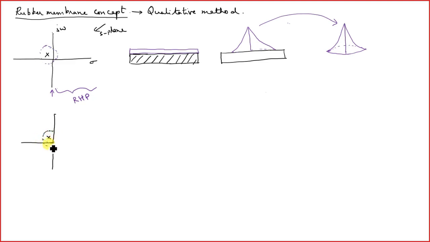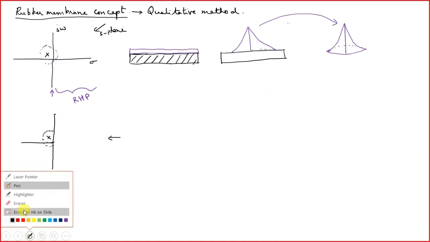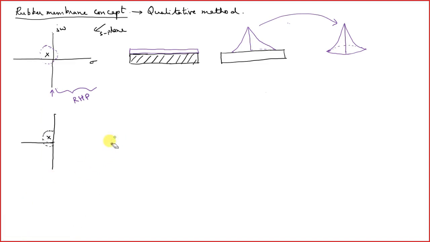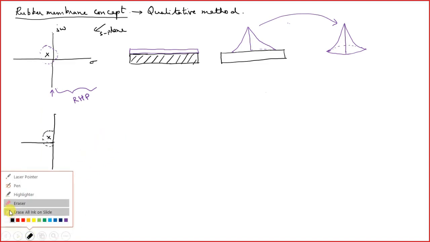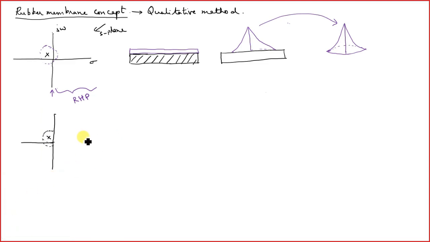So we have something like this. Now we have to look from the right hand side onto the j omega axis. So what is happening over here?